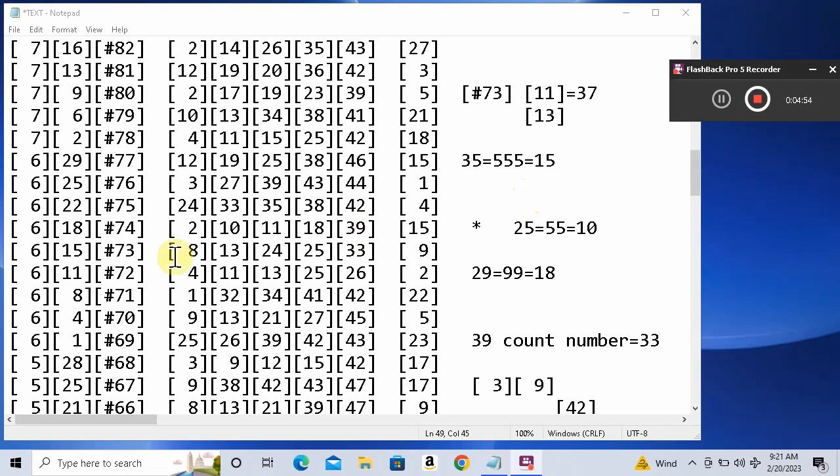I'd like to talk about the ticket number here. This is 73. Now, ticket numbers and dates can affect the sequences that get played out right here. Now this is 73, right? If you look at the numbers related to 73, this right here creates 73.